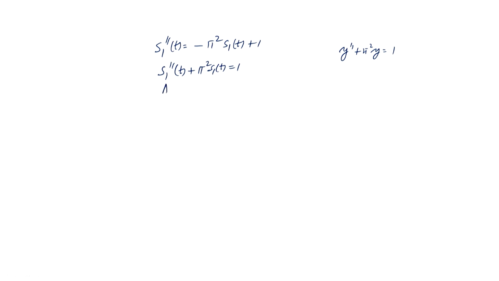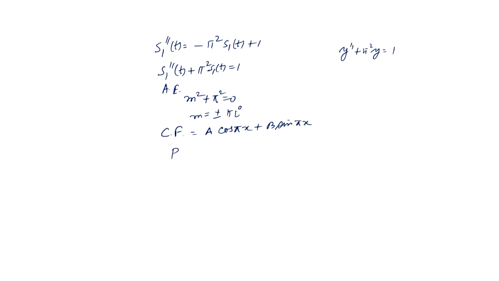So, we write the auxiliary equation: m square plus pi square equal to 0. So, m equal to plus minus pi i. We have complex roots. So, the complementary function is a times cos pi x plus b sin pi x.